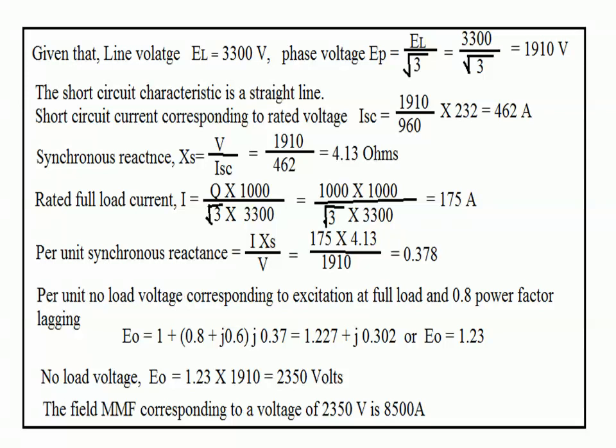Hence no load voltage is 1.23 into 1910, so we get 2350 volts. The field MMF corresponding to a voltage of 2350 volts is around 8500 ampere-turns.